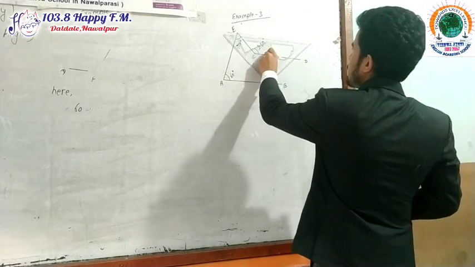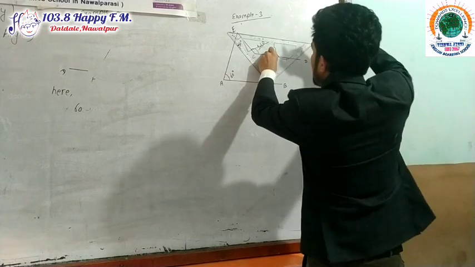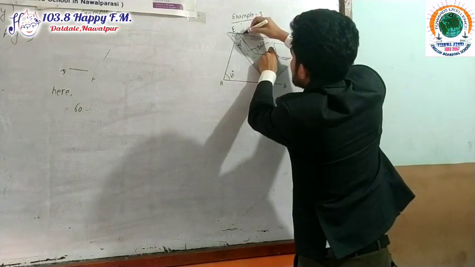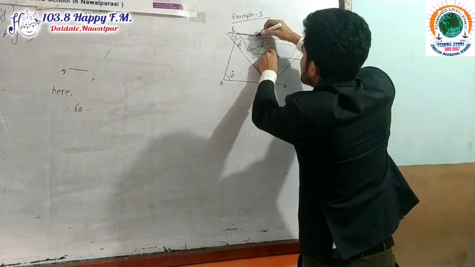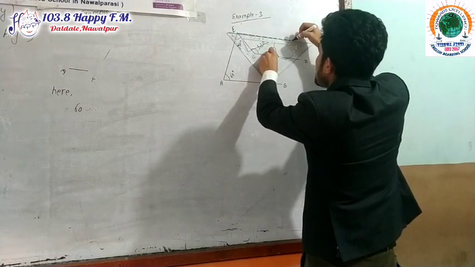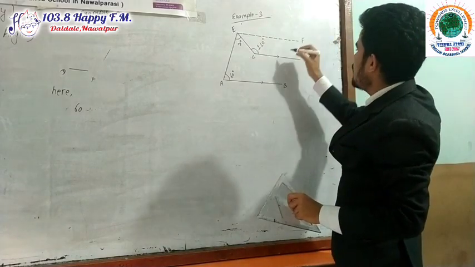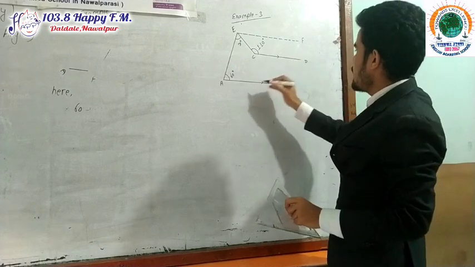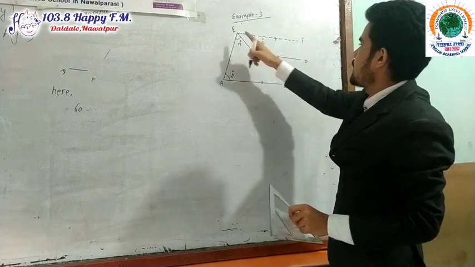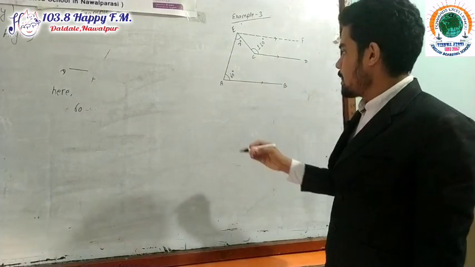We have to draw an imaginary line from the point E, and the line should be drawn in such a way that the line so drawn is parallel to these two parallel lines, CD and AB. Let us draw an EF line parallel to CD and AB.